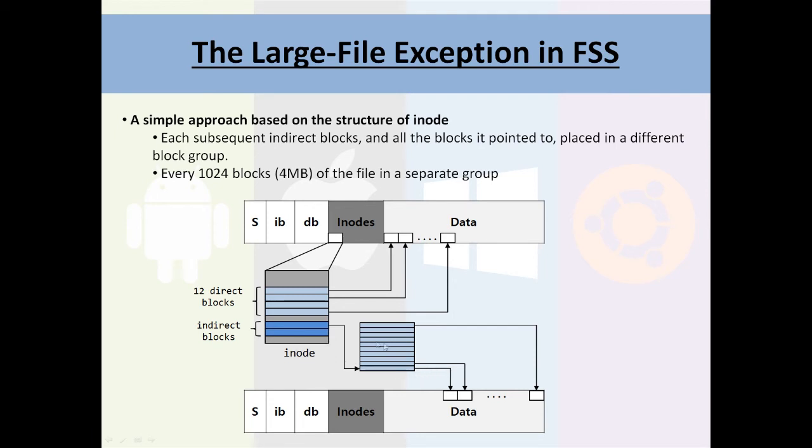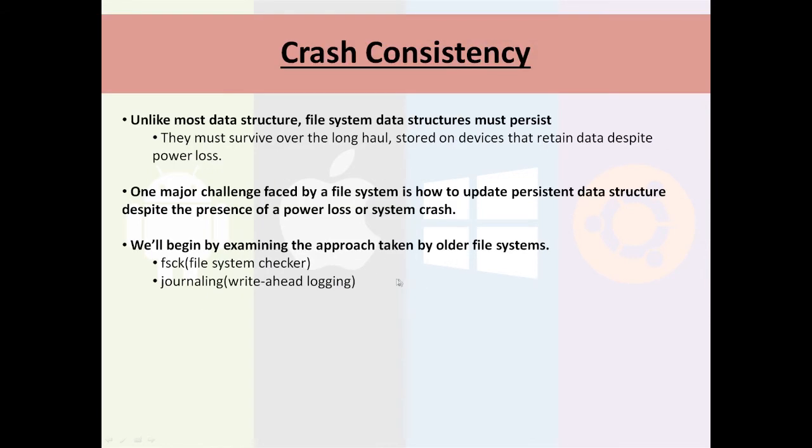Then the next chunk points to another group, and the next chunk to another group, and so on. So that's how FFS handles large files. Not too complicated, just separate them over multiple groups.